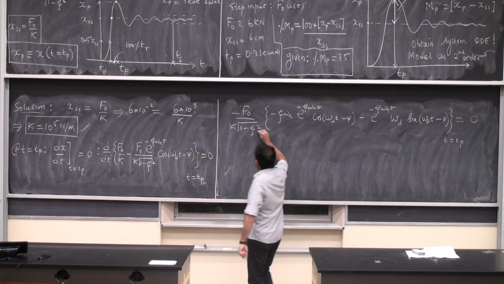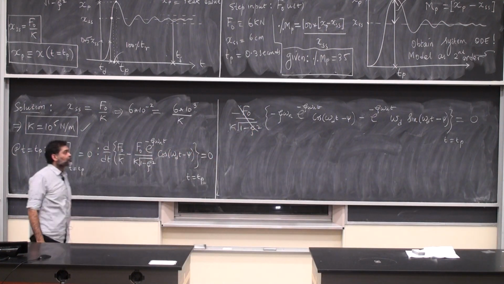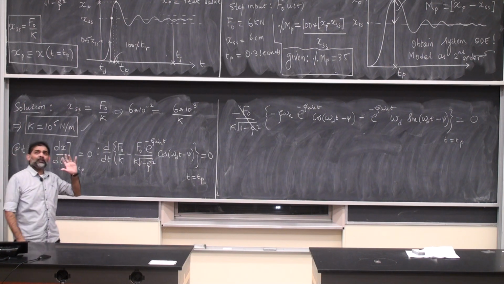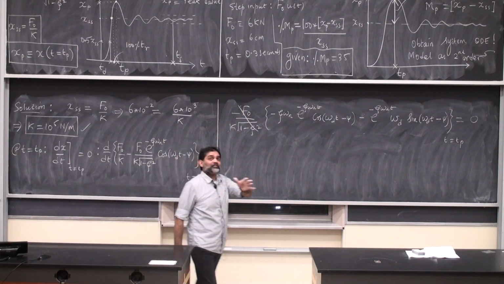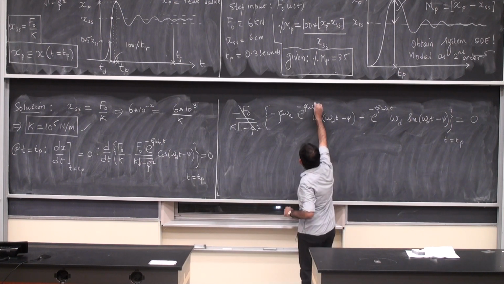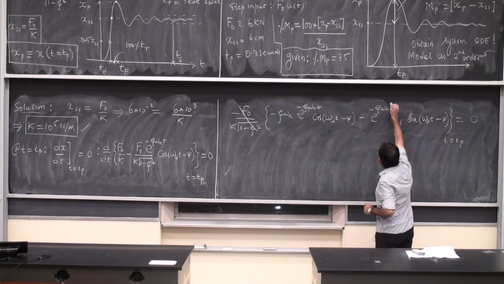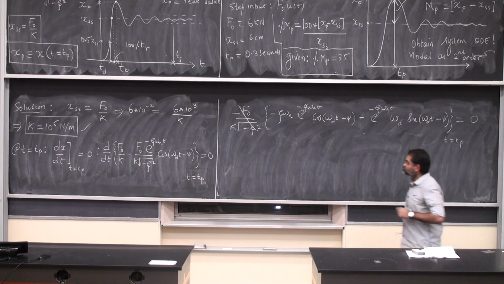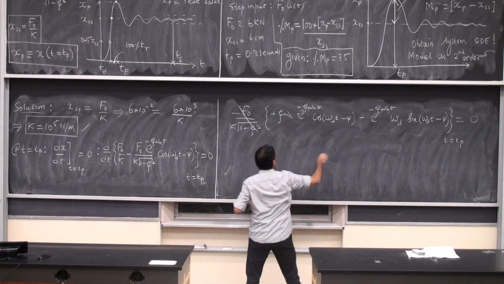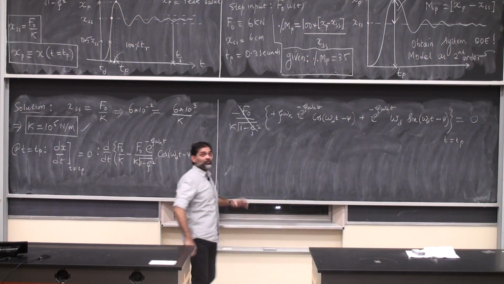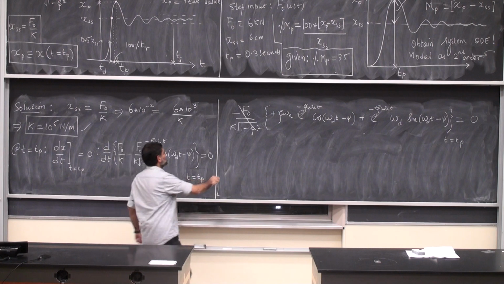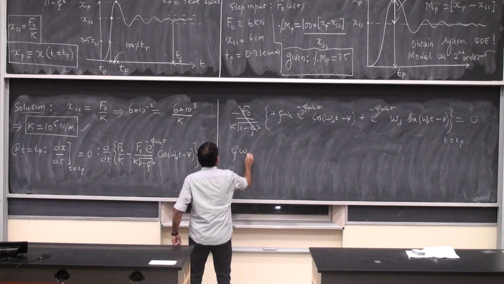I don't have any business with this creature. E to the power minus zeta omega n t is a common factor. I can take it out. I can set it equal to 0, but it does not give me anything useful, so I cancel this out. Then I have zeta omega n. The negative sign all becomes positive because I have both negative signs. Zeta omega n is a common factor. I mean, zeta omega n leaves here.